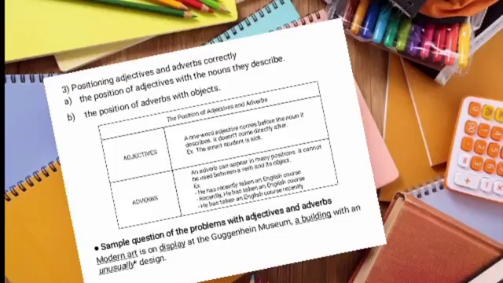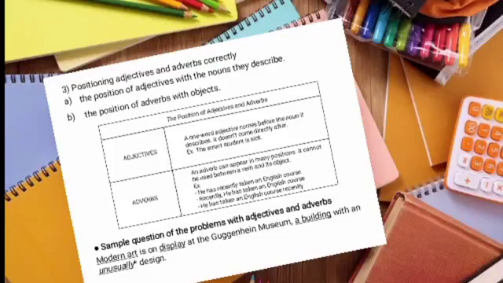We can see in the table the positions of adjectives and adverbs. An adjective comes before the noun it describes. It doesn't come directly after. For example, the smart student is sick. Smart here comes before the noun.